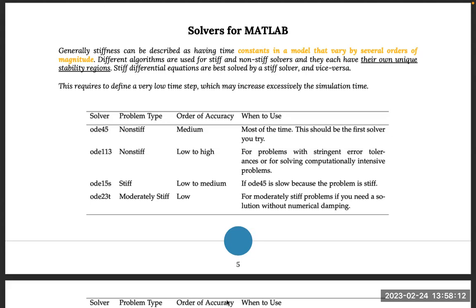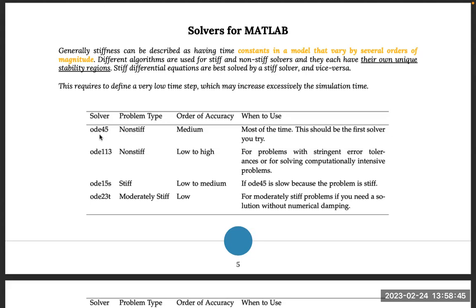So related to MATLAB, what do we have? We have mainly 4 types of solvers: ODE45, 113, 15S, and 23T. Any of those is going to be good or bad depending on whether the system is stiff or not, or the accuracy that we're trying to get for that approximation. The most common one is ODE45.